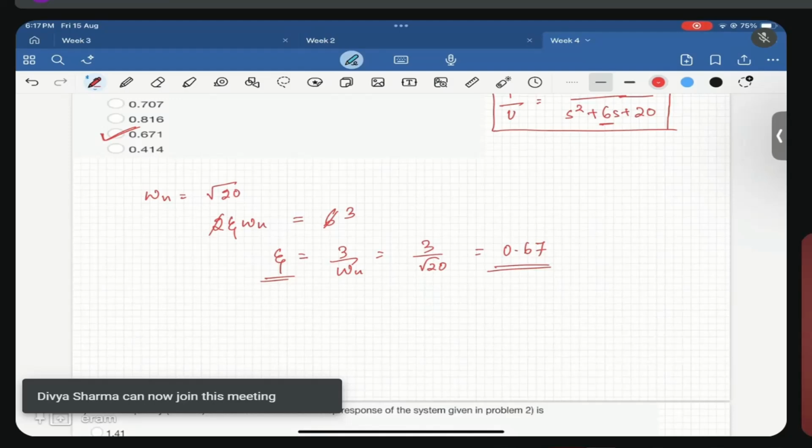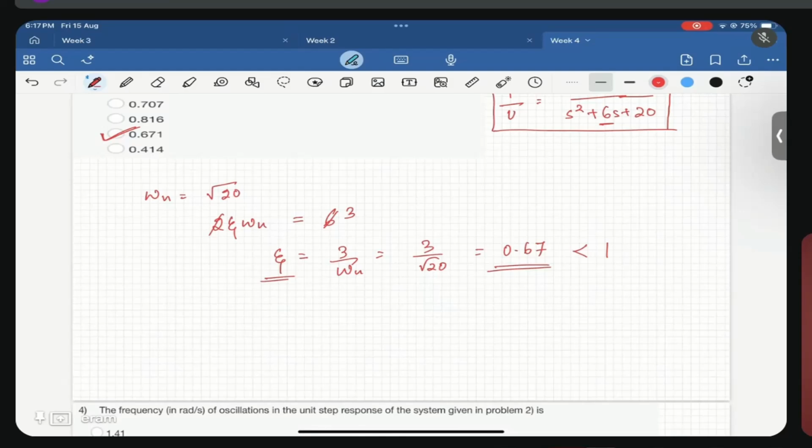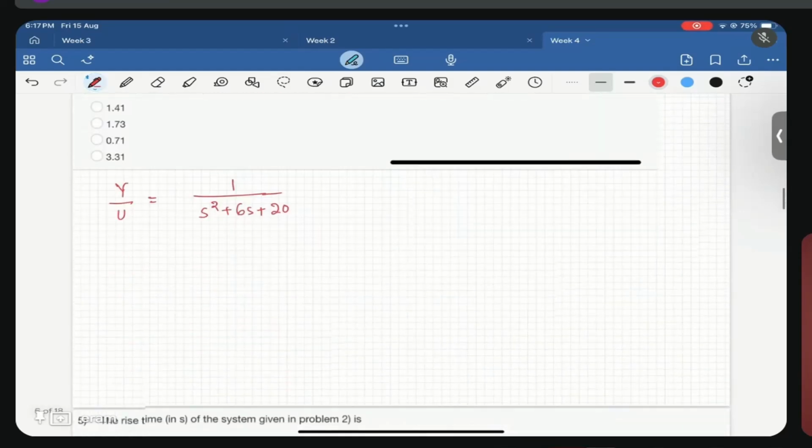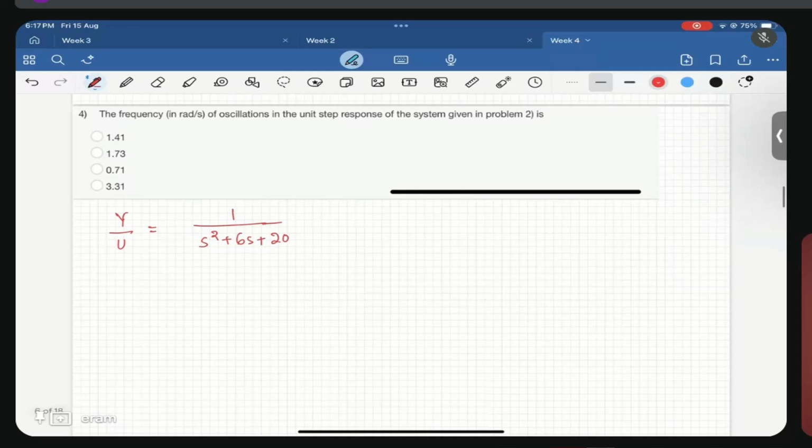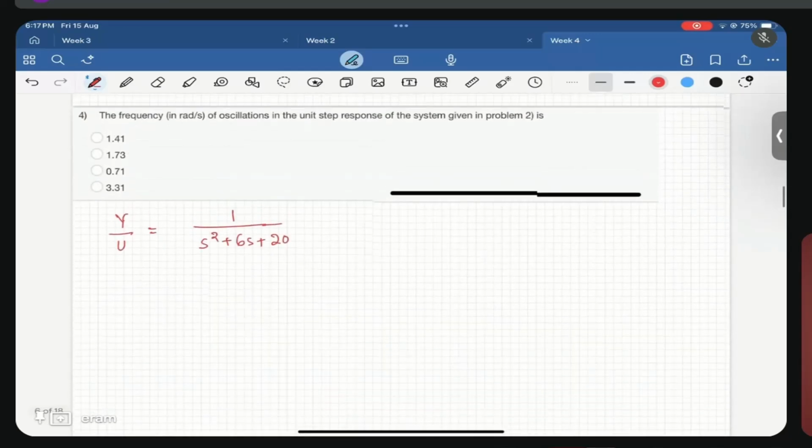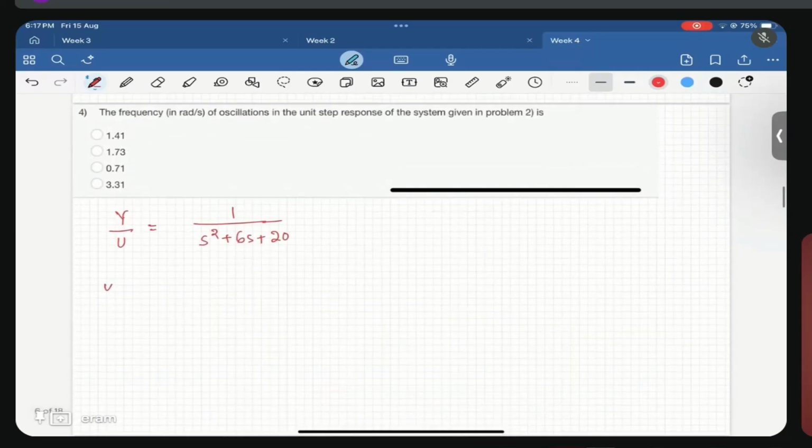Now since zeta is less than 1, it is an underdamped system, right? So in case of an underdamped system, we can write the solution y(t) for the step input as, we will have roots at minus zeta omega n plus minus j omega n under root 1 minus zeta square, and this we can write as j omega d.